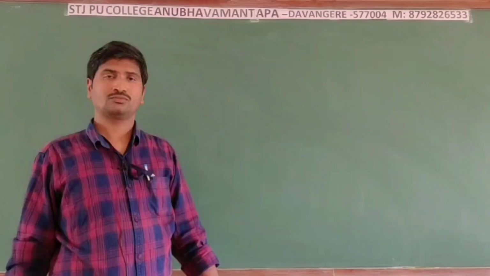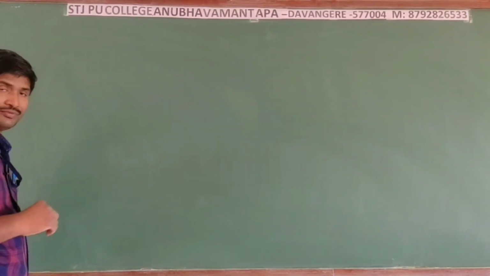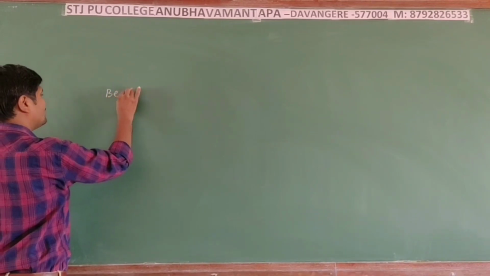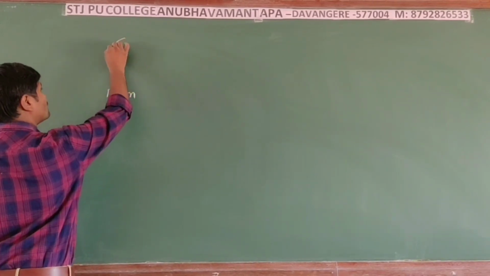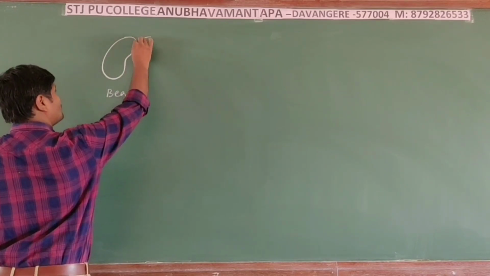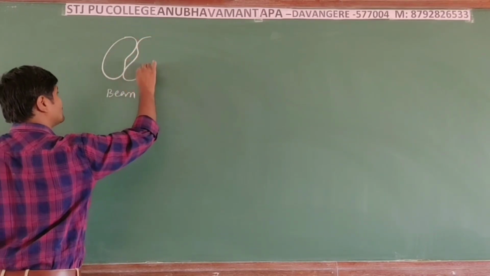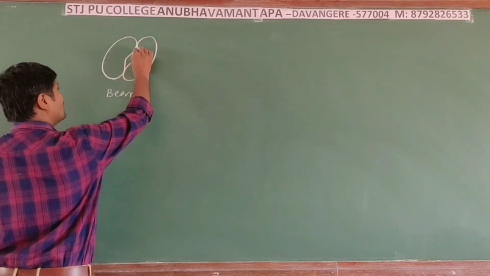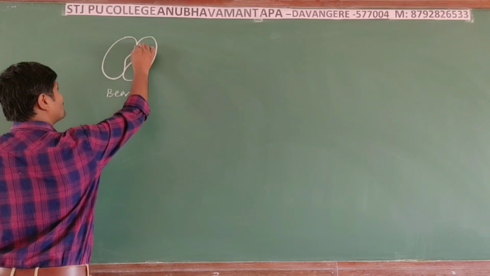Now see some structures of the seed. First you take bean. The cotyledons, two cotyledons, because it is a dicotyledon.